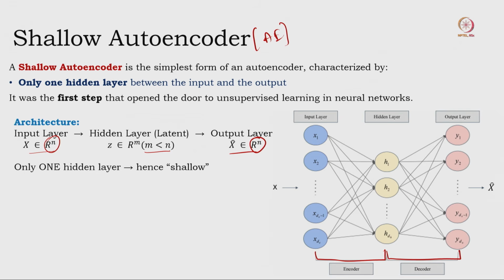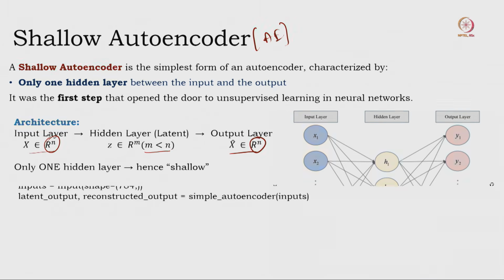What you need to understand from shallow is that there is only one hidden layer, the input is passed to the hidden layer, and the output of the hidden layer is the latent representation that is passed as input to the output layer, and you get the reconstructed one.